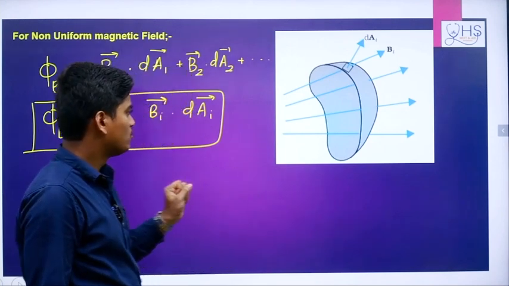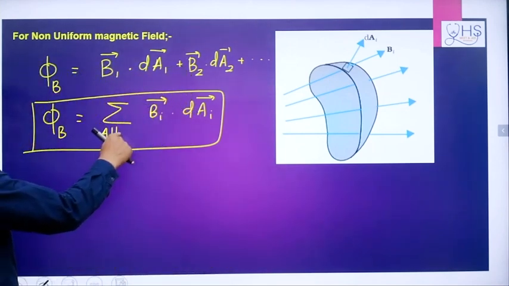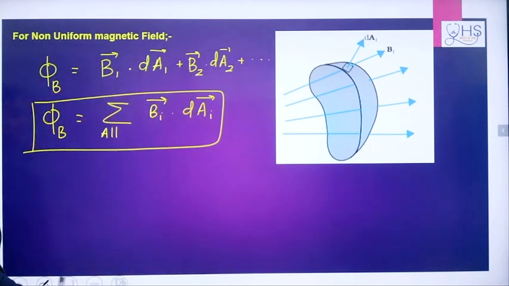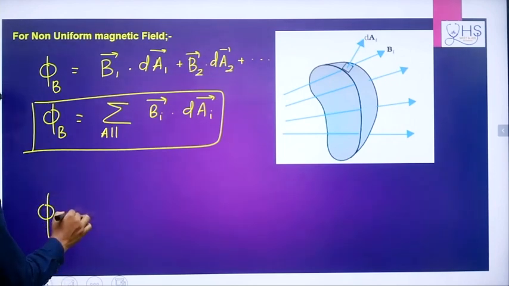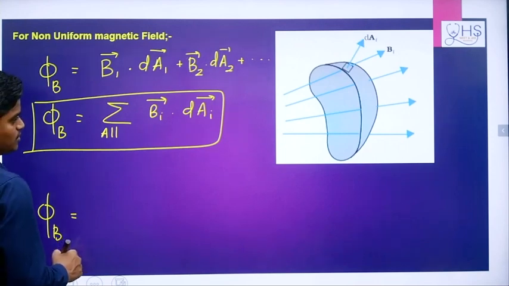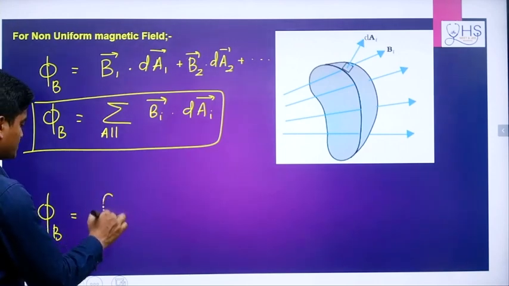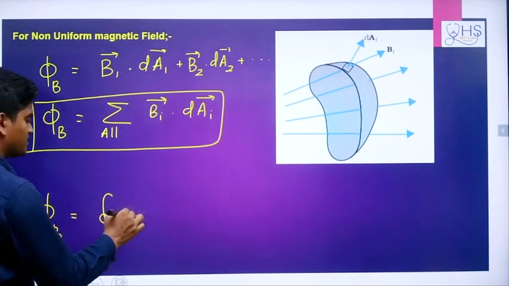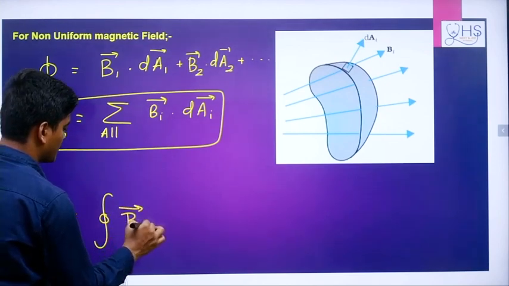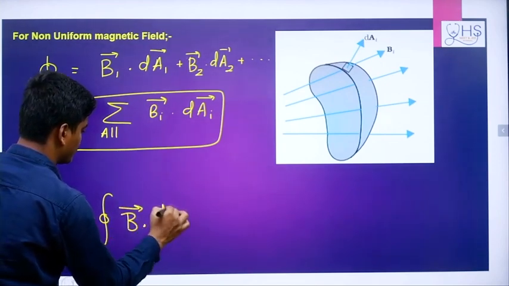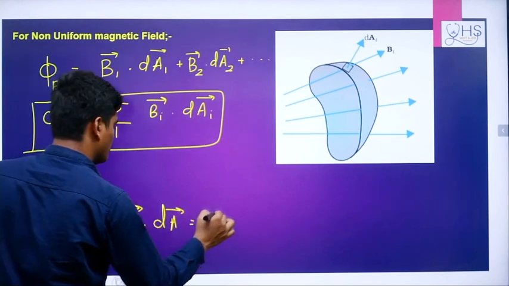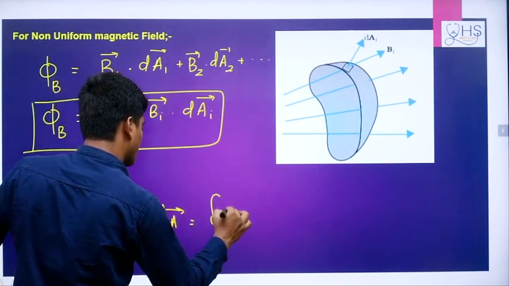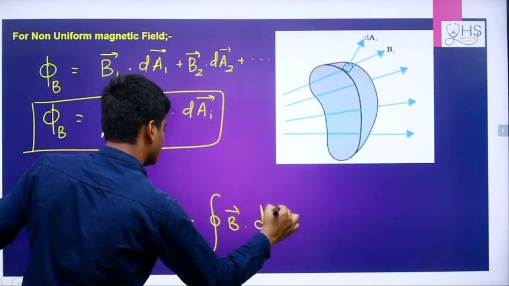Okay. Now sometimes what we'll use, instead of the summation, is this: magnetic flux for continuous surfaces we can take as an integration, that is basically a surface integral of B dot dA, or this area vector can also be written as B dot dS.